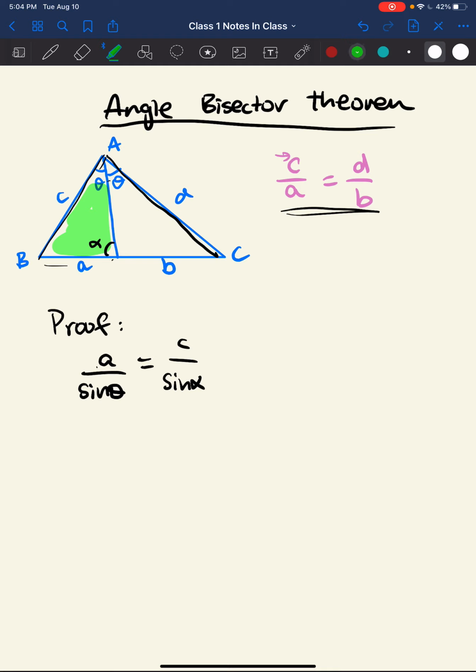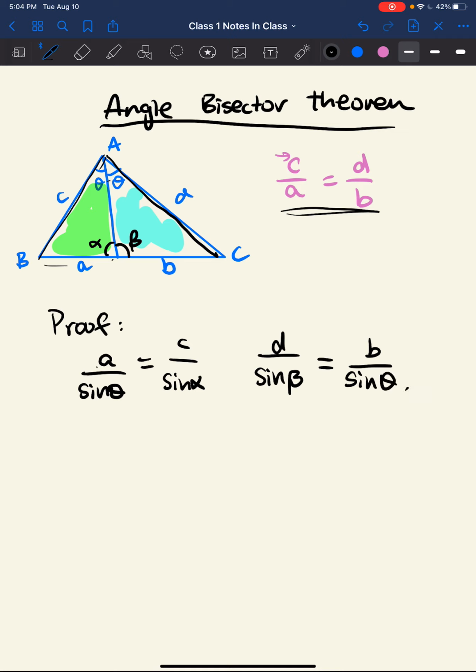And if we look at the triangle on the right side, D over sine beta, if beta is this one, equals B over sine theta. Then we can switch it around a little bit. So C over A should equal sine alpha over sine theta, and D over B should equal sine beta over sine theta.